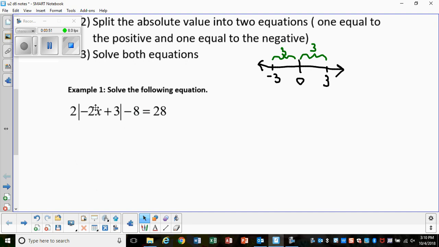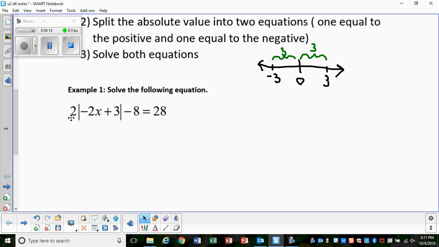It's not like parentheses. Parentheses' sole purpose is to group things together. Absolute value, though, has an additional purpose: to tell us the distance something is from 0. Just like the square root, we can't distribute into the square root because it's telling us what the square root of something is. So we do not touch this absolute value until it is by itself.